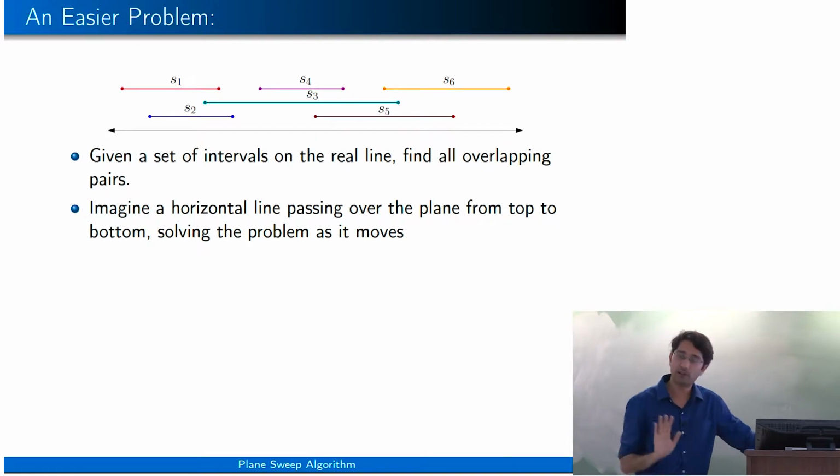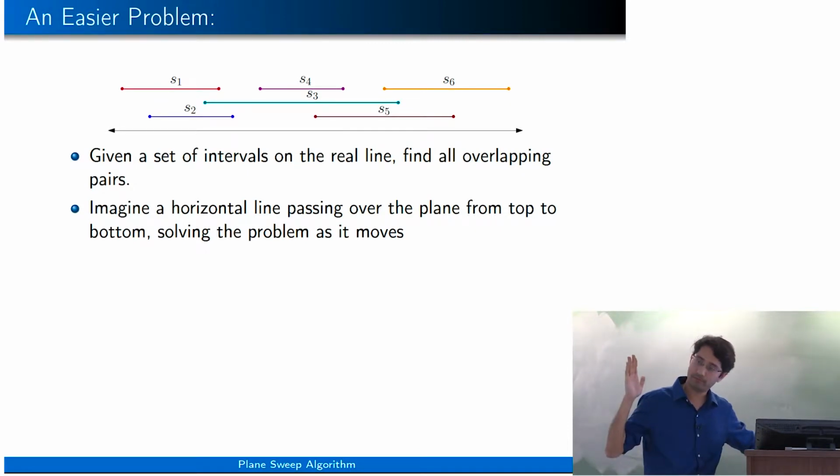This is the overall scheme that I am going to follow. Is it clear to everyone? I am just doing a thought experiment and sweeping a line from left to right. Right?